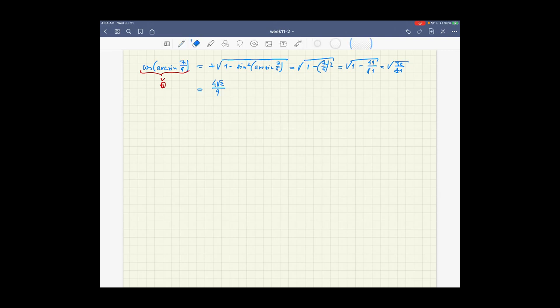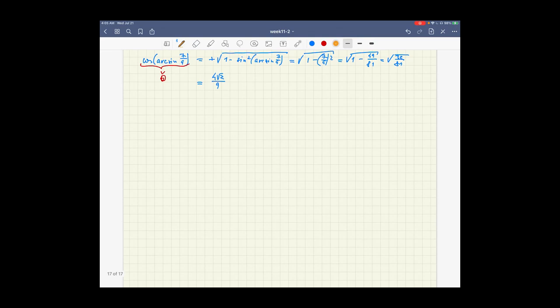And again, a solution of this problem using the right angle trigonometry. If we let t be arcsine of 7/9, so sine t is 7/9. So we have the right triangle in which the opposite leg to t is 7, the hypotenuse is 9, and so this leg is square root of 9 squared minus 7 squared.